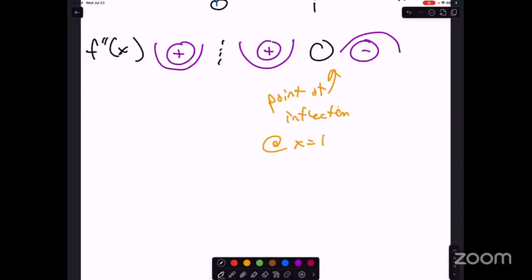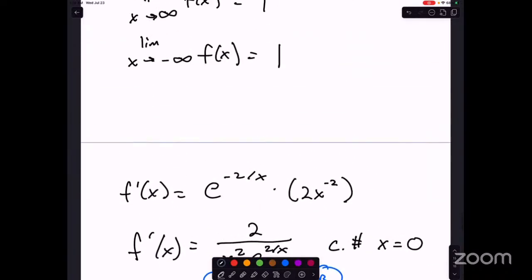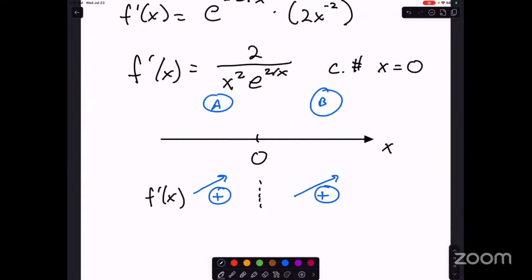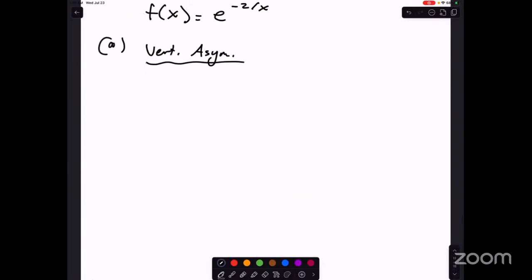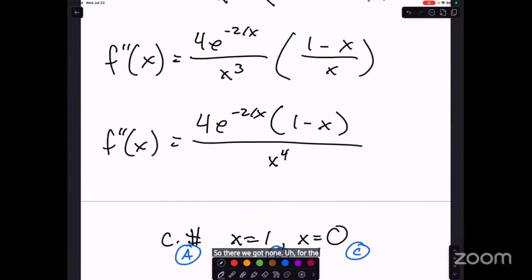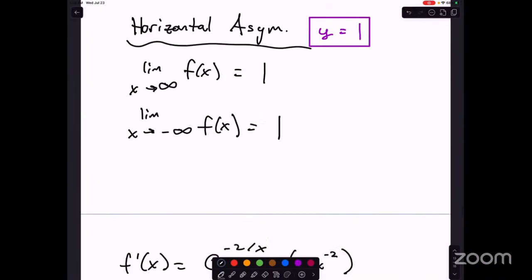I think we got none there. So there we got none. For the horizontal, y equals 1.